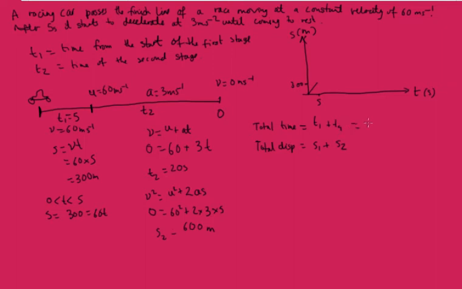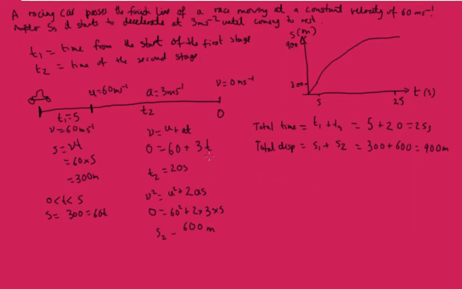So the time is 5 plus 20 equals 25 seconds, and the total displacement is 300 plus 600 equals 900 metres. Now we can do this. So here it goes to 900 metres and the time is 25.